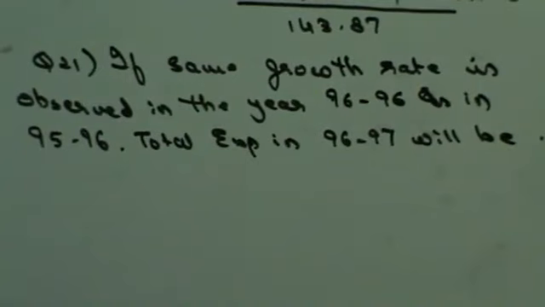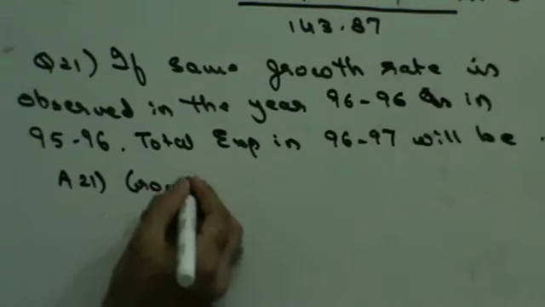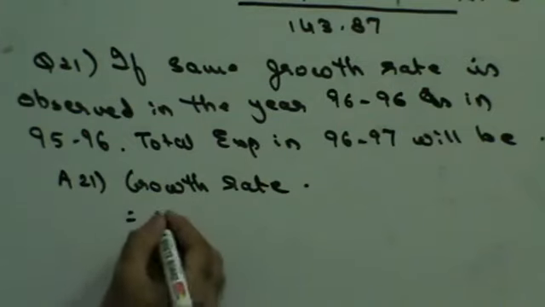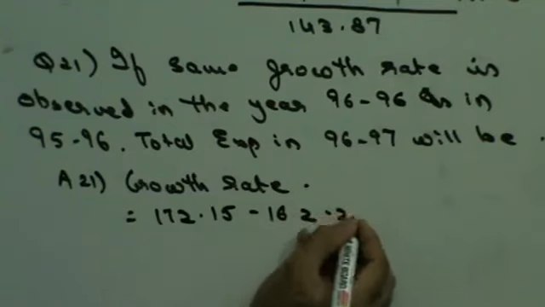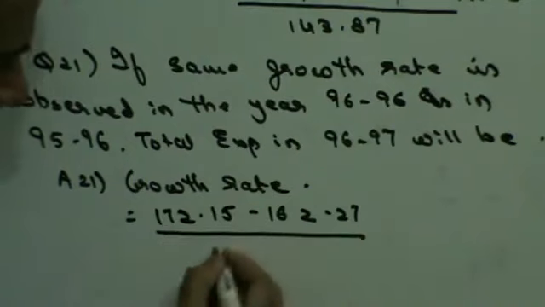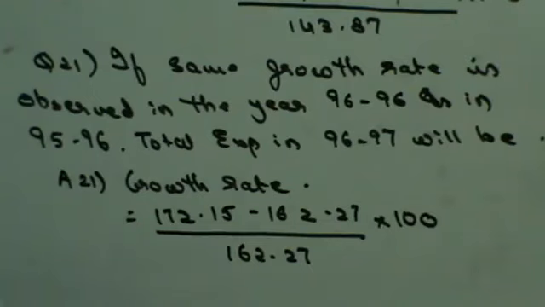First, let's find out how much has been the growth rate. It has increased to 172.15 from 162.27. That's what my expenditure has increased by, divided by 162.27 into 100. That will give me my growth rate, which is approximately 6.08%. Now they are saying that in the subsequent year also the growth rate will be 6.08%.